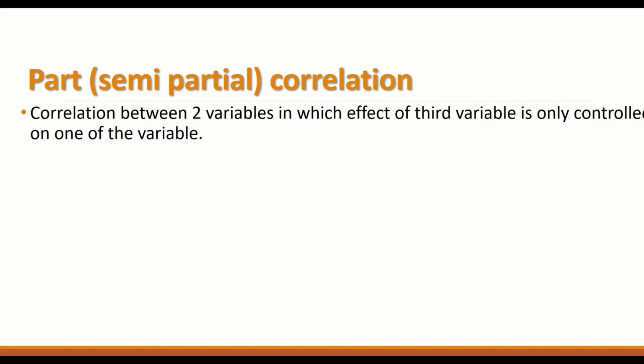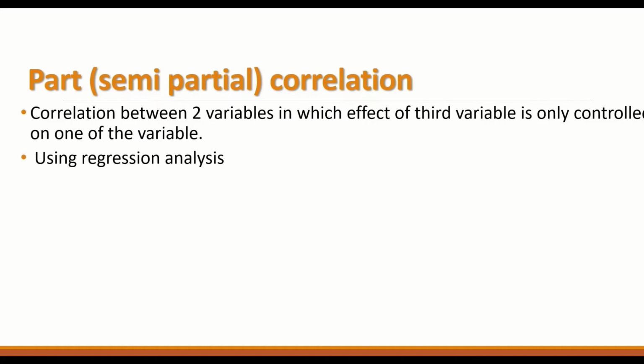I.e., if you have two variables, variable number 1 and variable number 2, and you want to do a correlation between variable number 1 and variable number 2, at the same time you have a third variable and you want to exclude the effect of the third variable on only either variable number 1 or variable number 2, but not both. If it is both, then it is partial correlation. In semi-partial correlation, the effect of the third variable is held constant on only one of the variables.